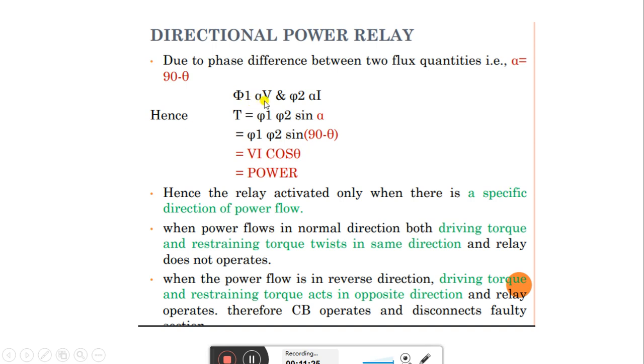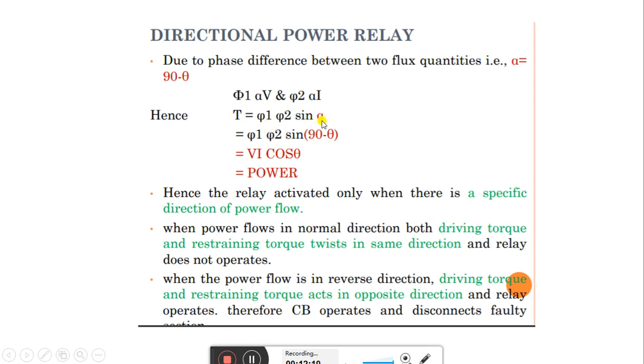So Phi1 will be proportional to the applied voltage V, and the current transformer is supplying a current to the lower magnet coil, which is producing a flux Phi2, and Phi2 is in phase with current I. So flux Phi2 will be proportional to I. The interaction of both fluxes will produce a torque, and as already discussed in previous lectures, this torque will equal Phi1 Phi2 sine alpha.